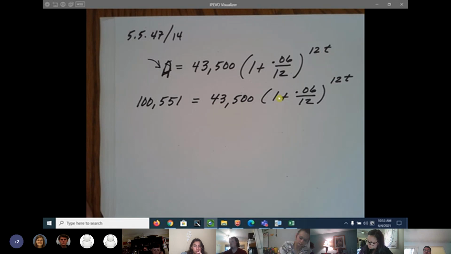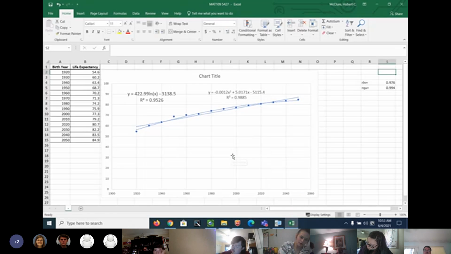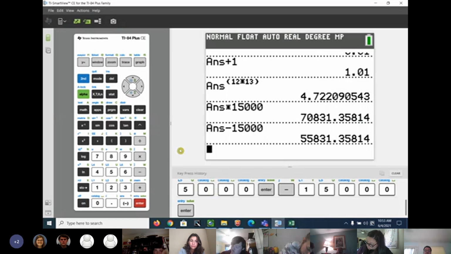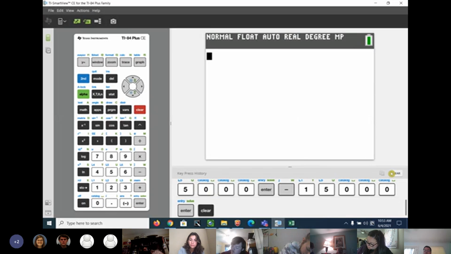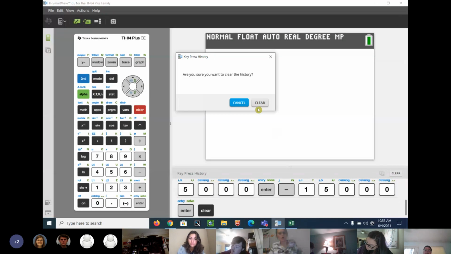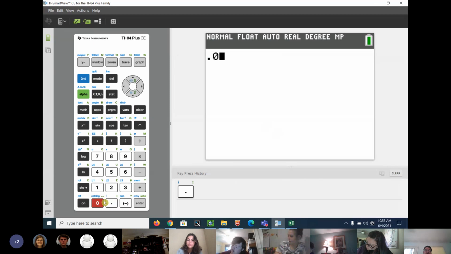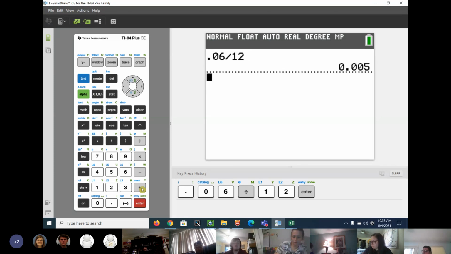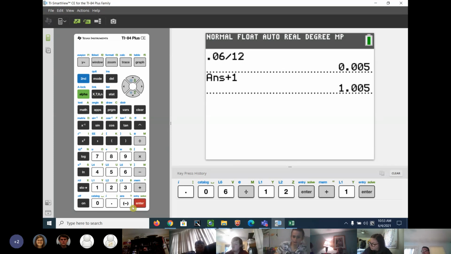The only thing I'm going to do is take the calculator and do this. 0.06, sorry, that's the wrong thing. So I'm going to clear and clear. 0.06 divided by 12. And I'm going to add that to 1. Okay, so that's 1.005.